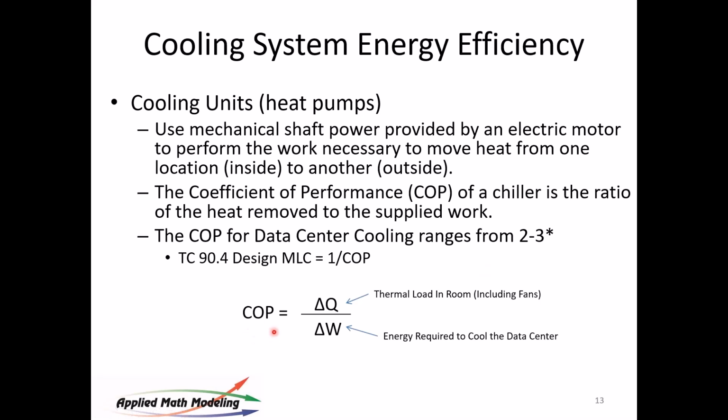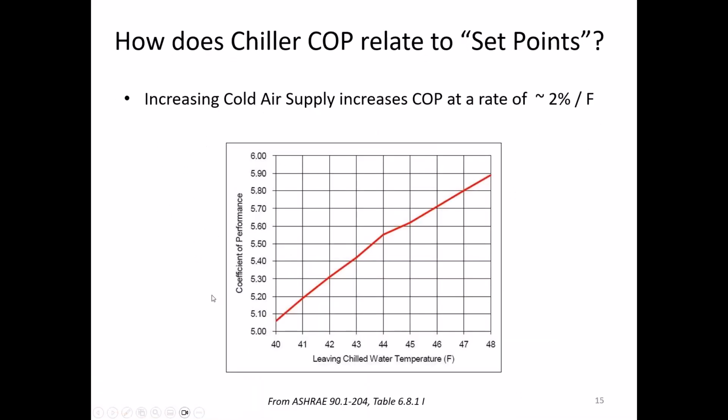So thermal load in the room compared to the energy to remove it. I tend to think of COP as for the data center itself, which is more like an MLC kind of calculation. So, chillers in the range that we tend to work tend to be fairly flat. This is an approximation as well, but you can think of this as approximately 2% per degree F of efficiency improvement.